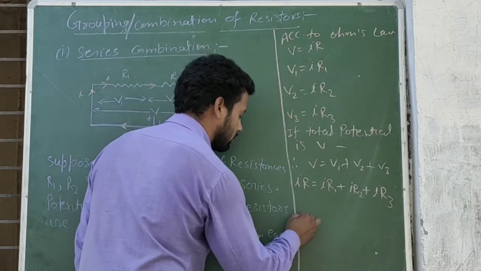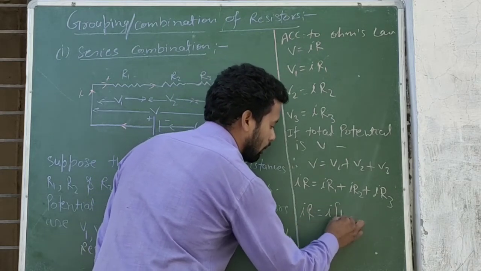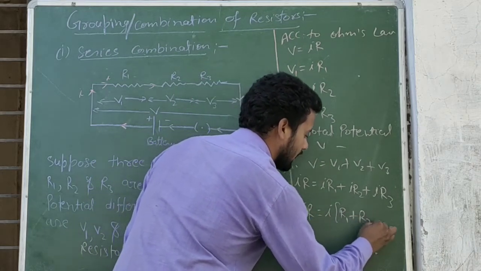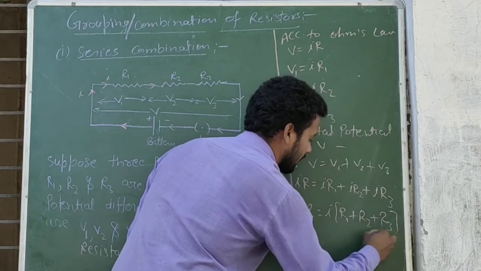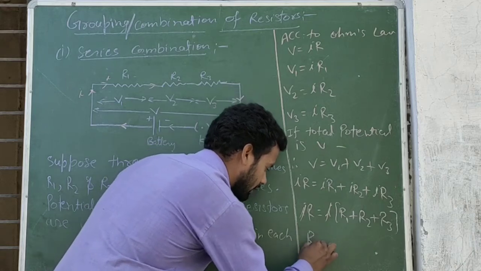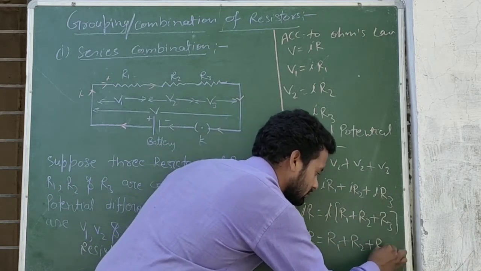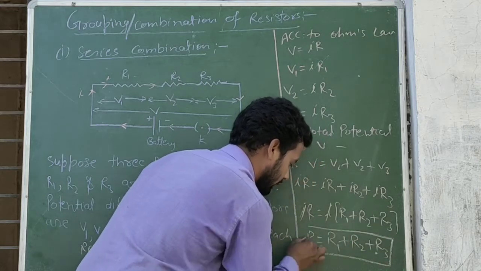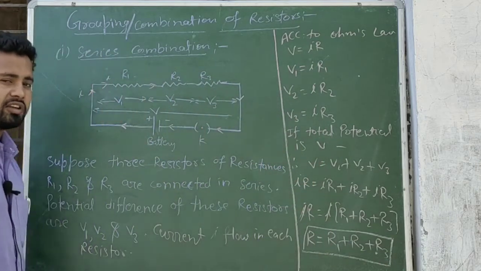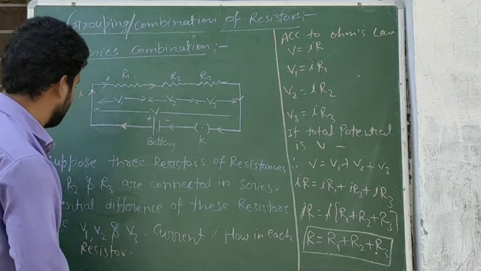I is common on both sides: IR equal to I times R1 plus R2 plus R3. I cancels out, and finally R equal to R1 plus R2 plus R3. Okay, this is the series grouping of resistors. Note down.